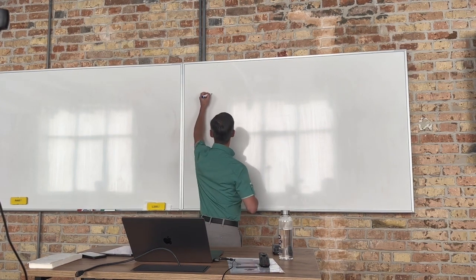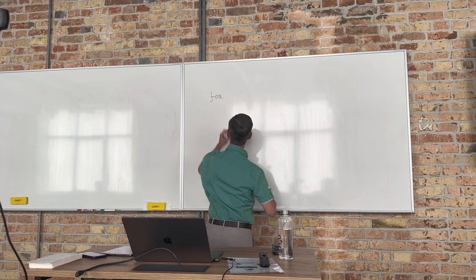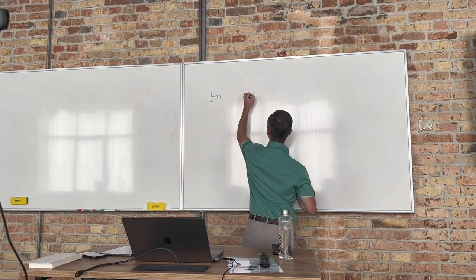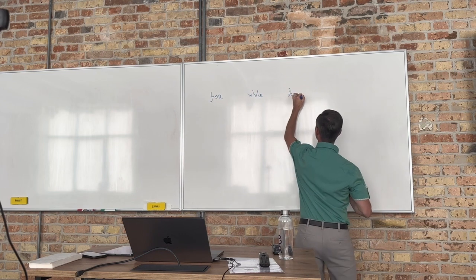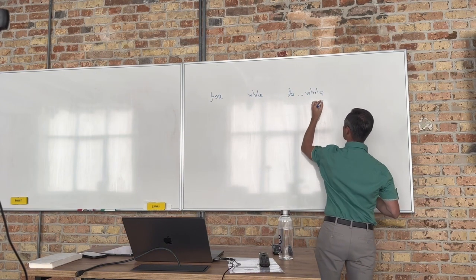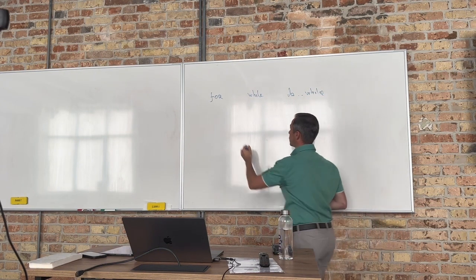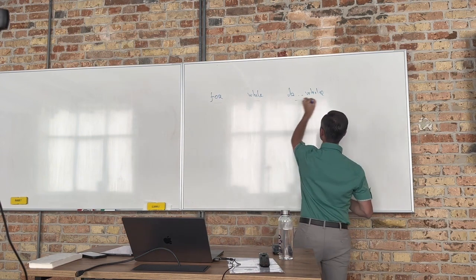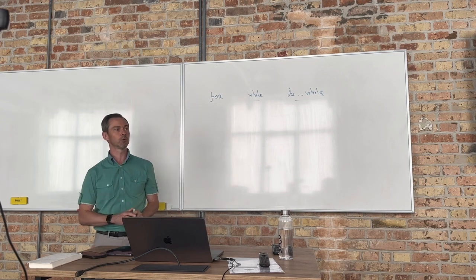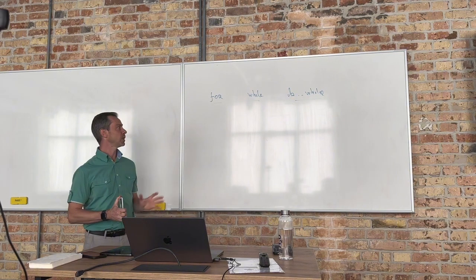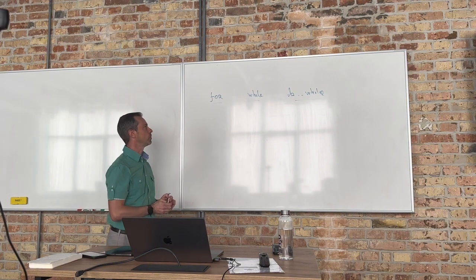First we have the for loop, second we have the while loop, and third we have the do while loop. Every one of these loops has a different syntax, but the idea is the same.